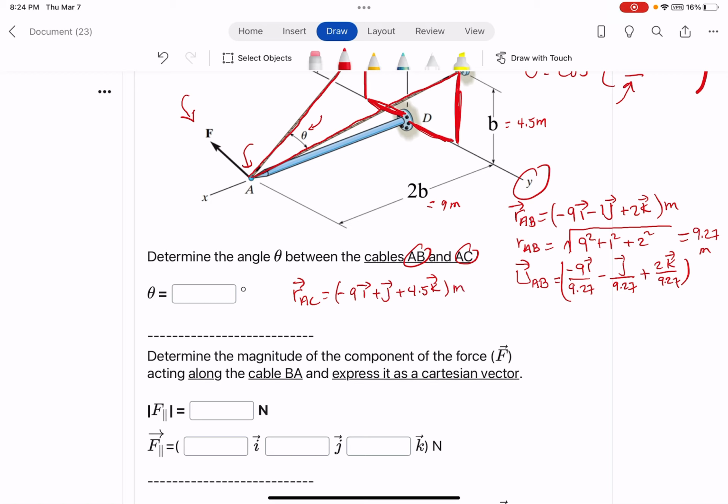So this is the position vector, and the magnitude is 10.1. Now you can find out the unit vector AC: minus 9 over 10.1 i plus j over 10.1 plus 4.5k over 10.1. So we found both unit vectors.